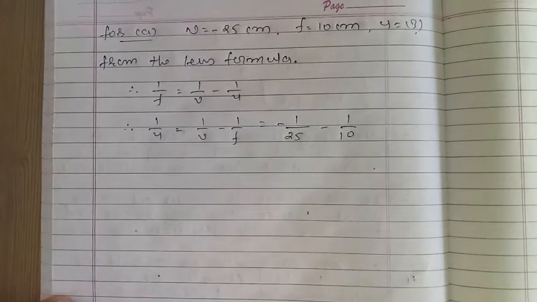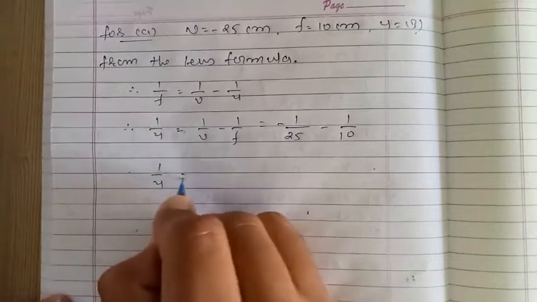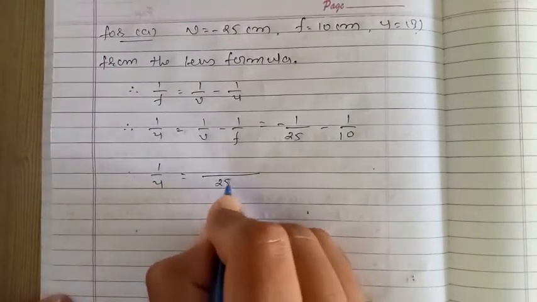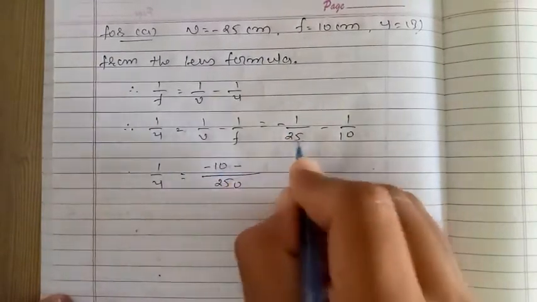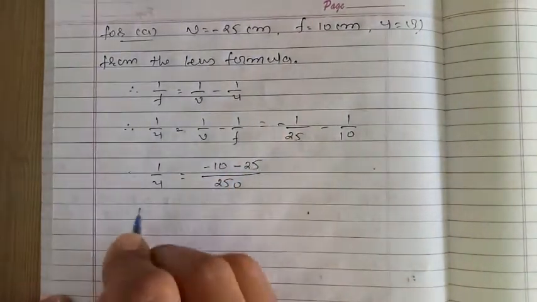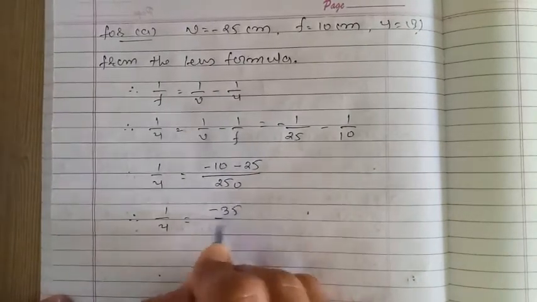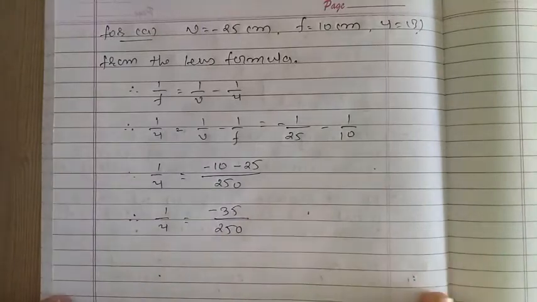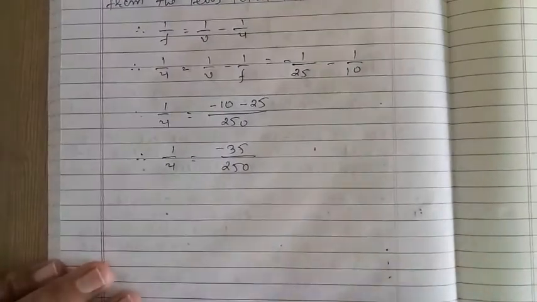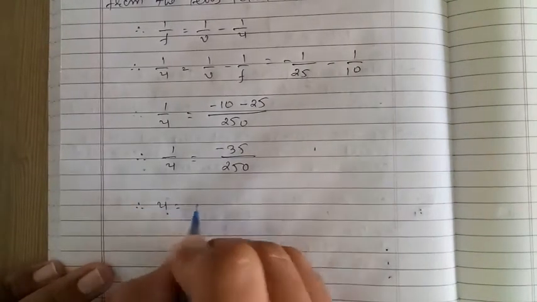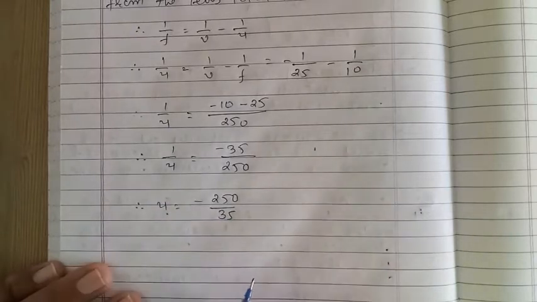So we have to take the LCM of 25 and 10. So 1 upon u is equal to over 250. So here we have to multiply by 10. So minus 10 minus 25. So 1 by u is equal to minus 35 upon 250. Right. So we have to find out u. So u is equal to minus 250 upon 35.